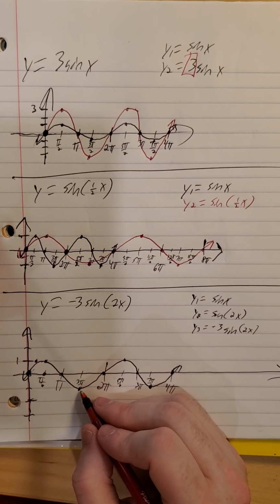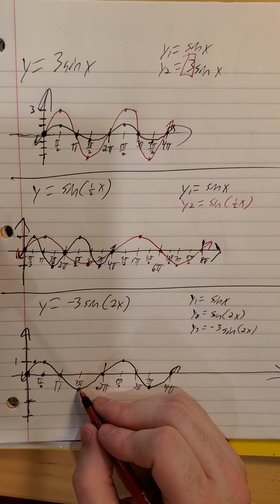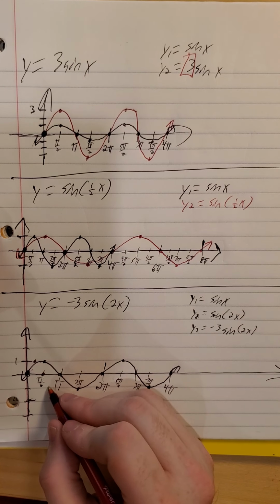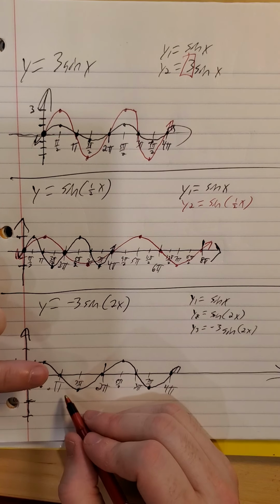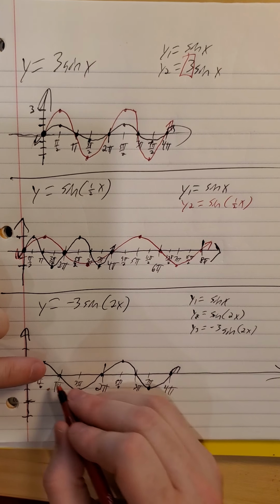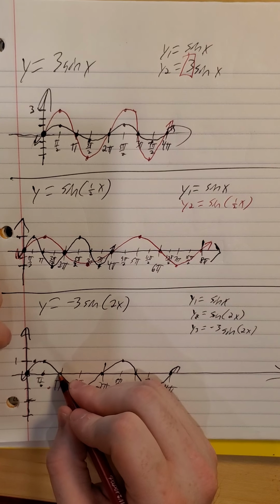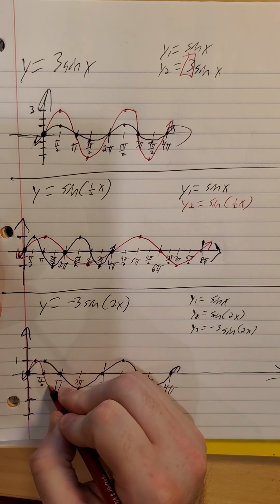Same thing here. To get to 3 pi over 2, I only have to go to 3 pi over 4. To get to 2 pi, I only have to go to pi. So there's one cycle already.